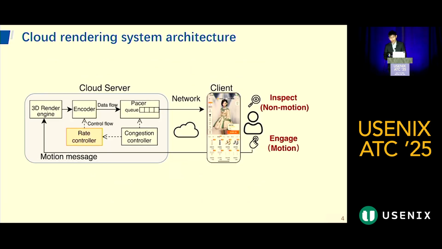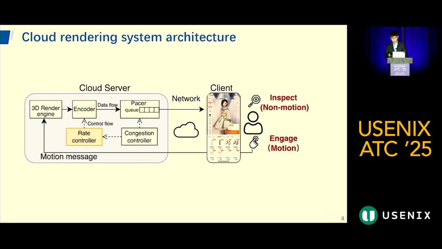Here's the typical architecture of a cloud rendering system, which is built on real-time protocols like WebRTC. The client captures user action, which we classify as either engage, meaning motion, or inspect, meaning non-motion, and sends these motion messages to the server. On the server side, a 3D engine renders the graphics, and an encoder compresses them into a video stream.